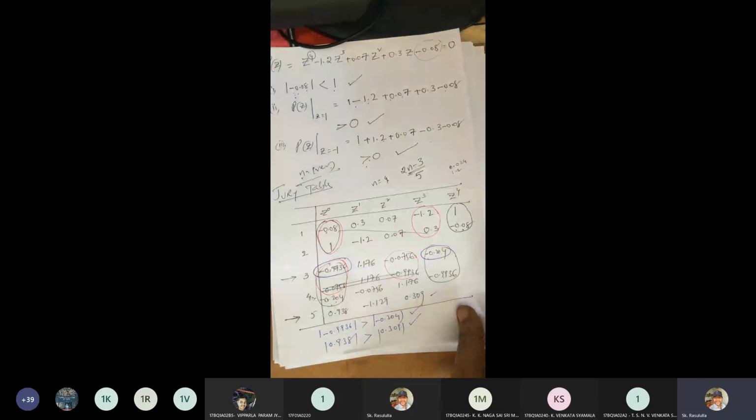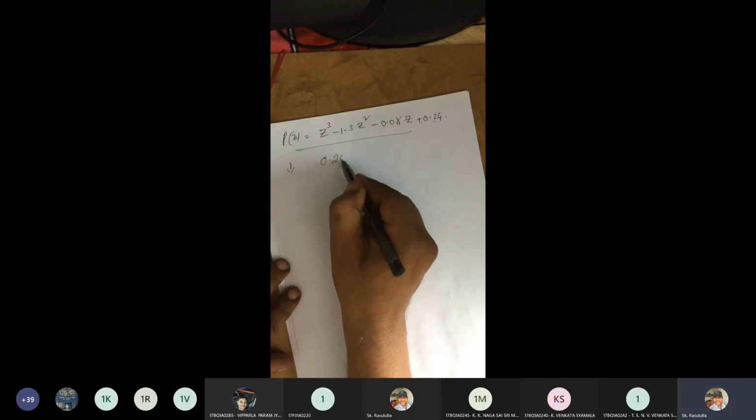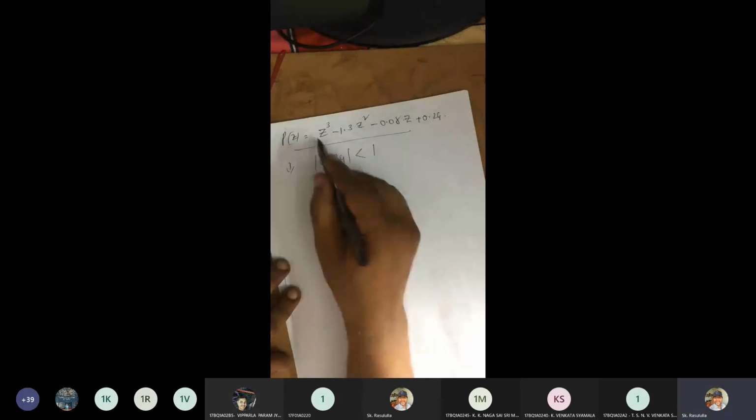Check the stability. First, the necessary conditions. The first condition: the constant term 0.24 is less than 1, so the coefficient condition is satisfied. For the last term, even if it is minus, we only take its magnitude, which must be less than 1.